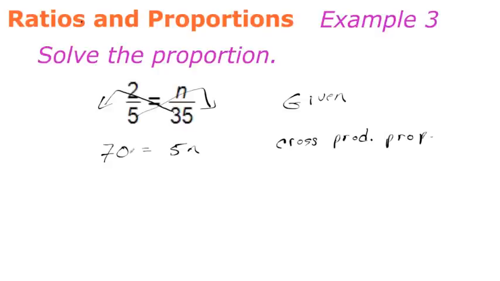From here, we would divide each side by 5. This side being divided by 5 would give us n. 70 divided by 5: 5 goes into 7 one time, 2 left over. 5 goes into 20 4 times, so we have 14 is equal to n, and we got that by the division property of equality.